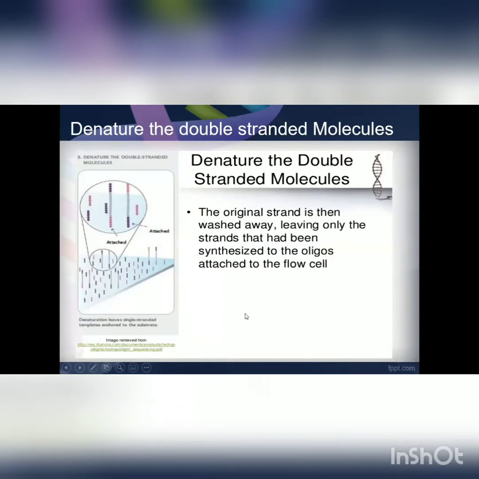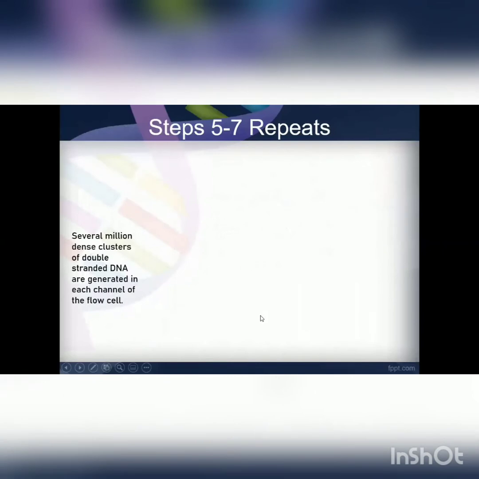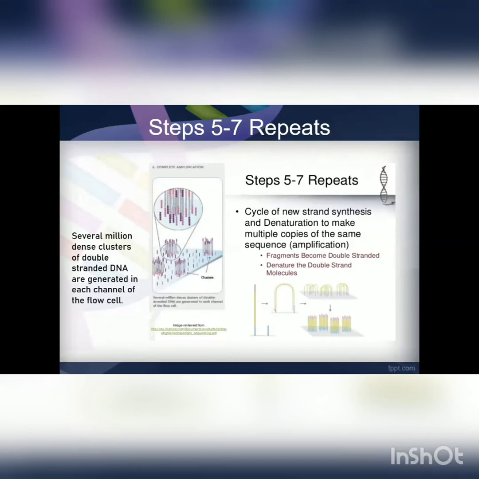So the next step is you would repeat steps 5 to 7. The cycle of new strand synthesis and denaturation will result in multiple copies of that sequence. That's called amplification. So finally, several million clusters of the double-stranded DNA are generated on the flow cell.